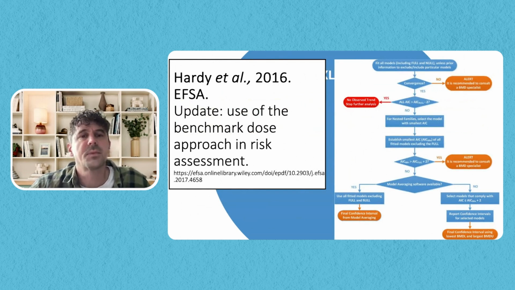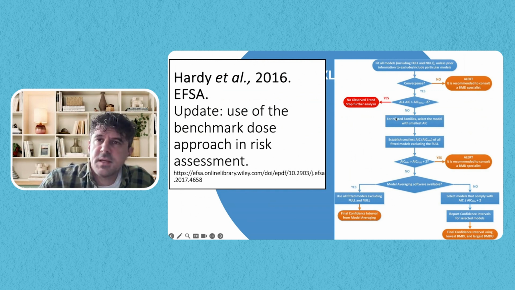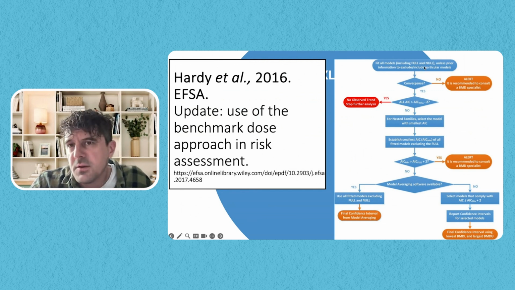So if we're not going to use the no observed effect level, the one from pairwise testing, if we're going to use the BMD, how do you do it? So EFSA have come up with this. I think this one's slightly out of date now, but it's still okay for the talk. This is a benchmark dose flow. If there's convergence, it tells you whether there's convergence in your assessment.